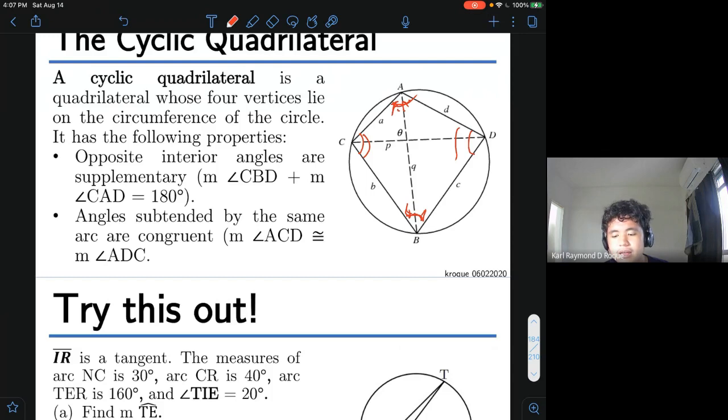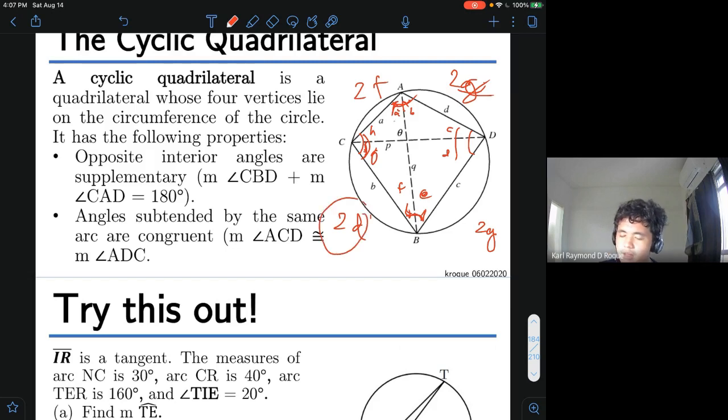Mag-angle chasing kayo, use ito, parang A, B, C, D, E, F, G, H. Then, meron yung mga ito, example, ito, 2G, ito, 2D, ito, 2F, ito, 2E. Ayan. So, kung kukunin ko yung measure nito, basta you'll see when you try it on your own. O sige.